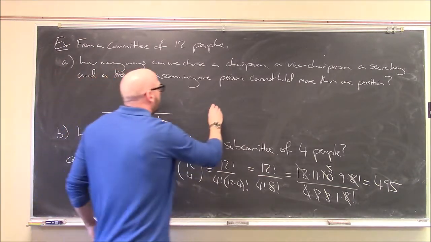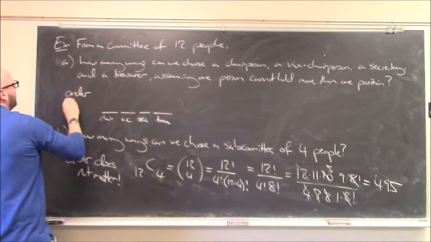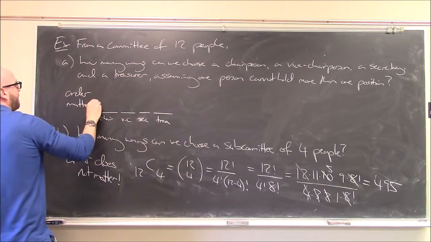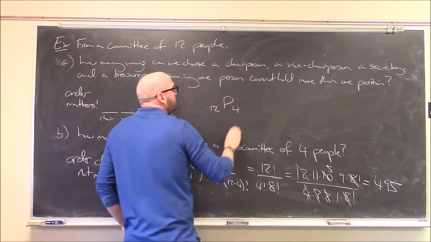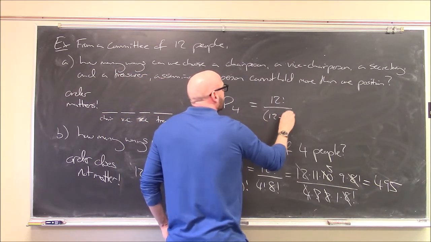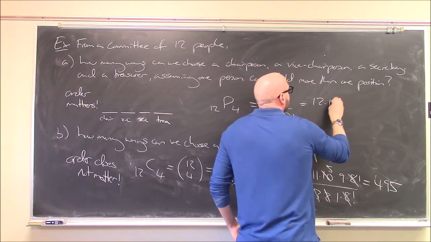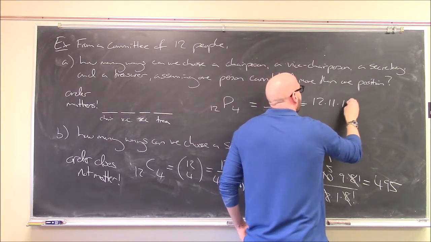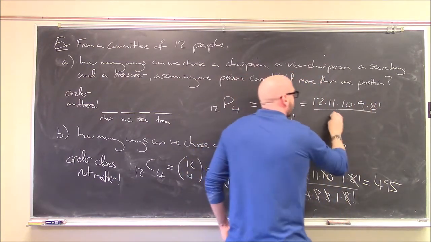So this is in fact a permutation question because order matters. So we're computing 12P4, which is 12 factorial over 12 minus 4 factorial, or 12 times 11 times 10 times 9 times 8 factorial over 8 factorial.